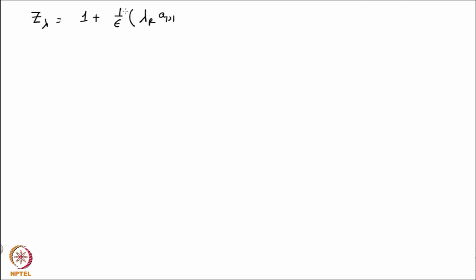That's the coefficient of 1 over epsilon coming from one loop, the lowest order diagram, which is proportional to lambda r. Then you will have contributions coming from lambda r squared terms, from higher order calculations, with this coefficient, and so forth.